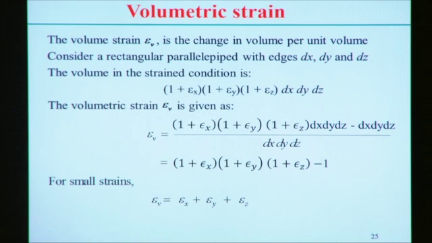If we neglect the higher order terms, specifically epsilon x into epsilon y into epsilon z, that quantity is very small in the case of small strain. So we can approximate the volumetric strain as the linear sum of all the individual strain components. That means EV equal to epsilon x plus epsilon y plus epsilon z. This volumetric strain is valid when there are small strains.